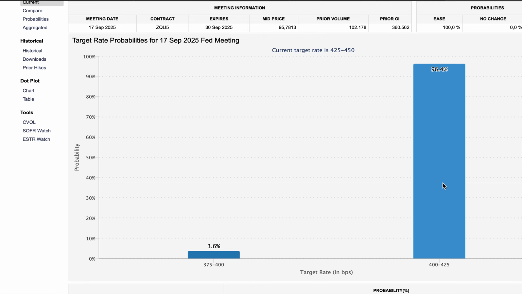So there is a 100% forecast that we are going to see a rate cut. If the 0.25% is going to happen, it's already priced in. The market already thinks with a 96.4% chance we are going to see a 0.25% rate cut. The real push is going to happen once we get the 0.5%.